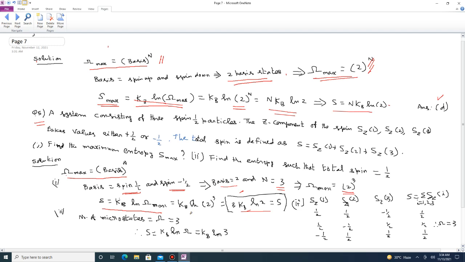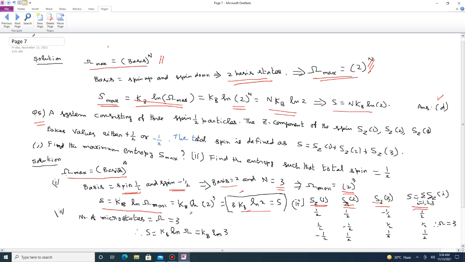First part. The second part is now let us find the value of Sz of 1, Sz of 2, Sz of 3. So let us form a table. The sum, capital S, will be Sz of 1 plus Sz of 2 plus Sz of 3. So what are the possibilities of Sz?